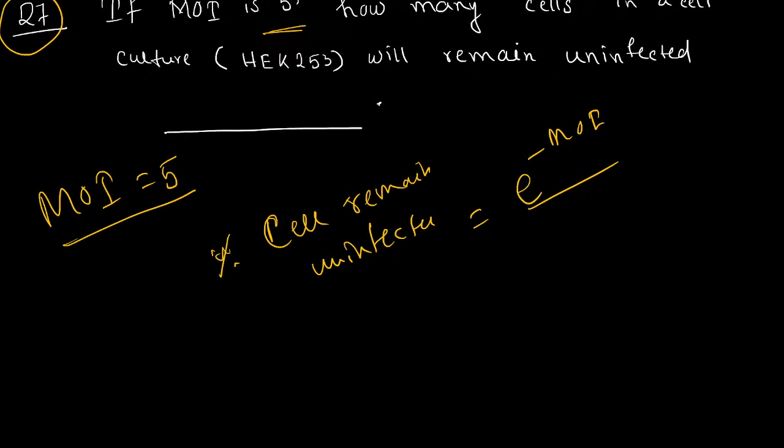Can you please quickly tell me? No, no, no, Soma, the thing is not that easy. So there is a formula: if multiplicity is x, then e to the power minus x amount of cells will remain uninfected.